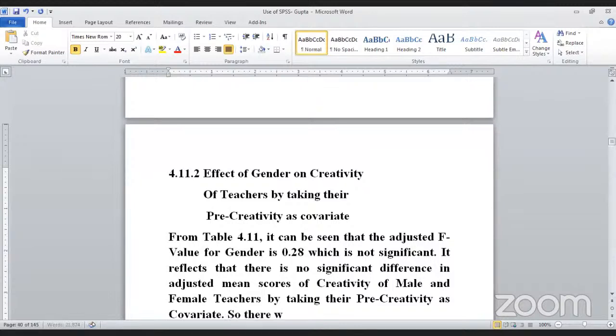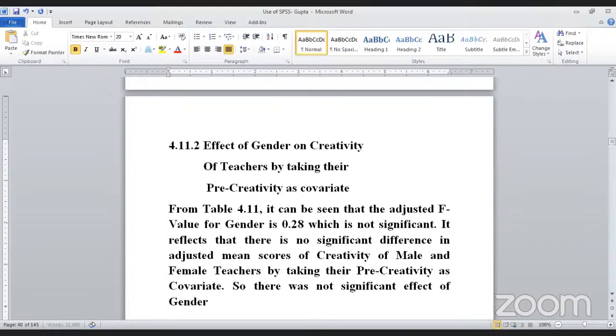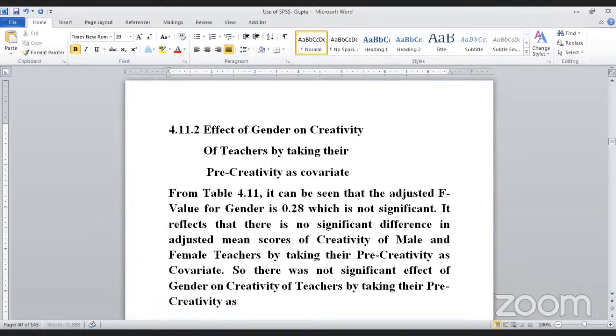So there was no significant effect of gender on creativity of teachers by taking their pre-creativity as covariate.